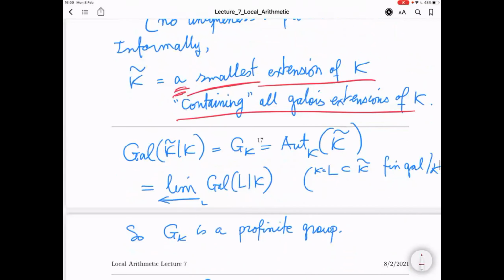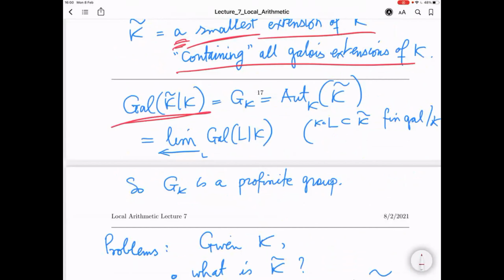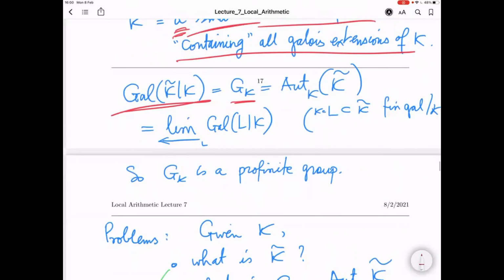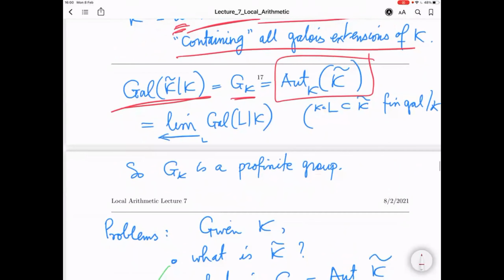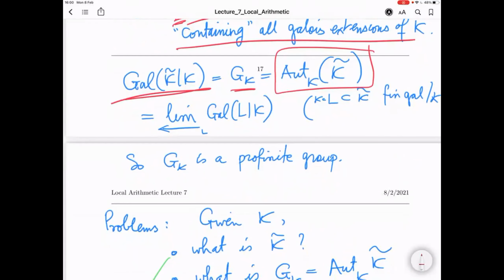Okay, and then we define what is called the Galois group of K tilde over K, denoted by G_K, the group of all K automorphisms of K tilde. Actually it's a sort of pro-finite group. Remember in the first talk, we had talked about projective limits of inverse systems of groups. If it's an inverse system of finite groups, then the inverse limit is called a pro-finite group.